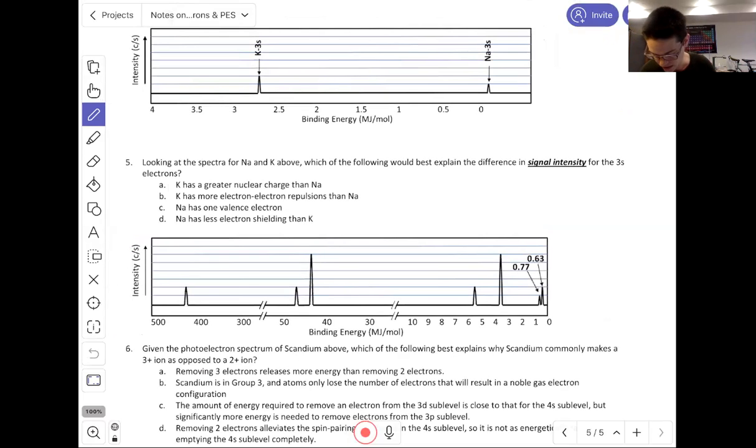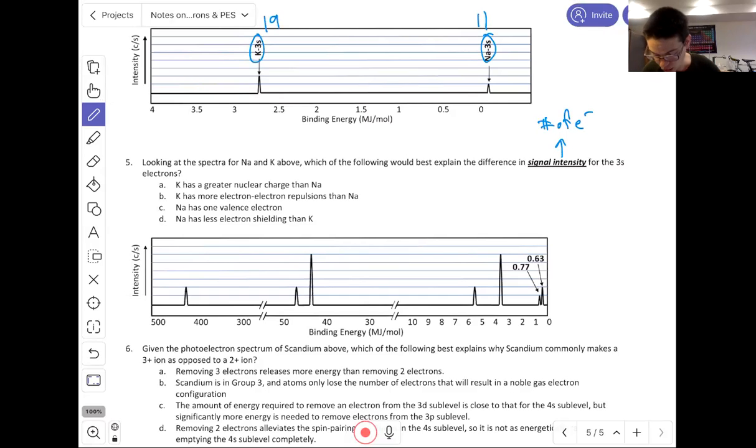All right. So this is still looking at potassium and sodium. And this one wants to talk about the signal intensity. That again is the number of electrons. So if you imagine, we just said that sodium has 11 and potassium has 19.